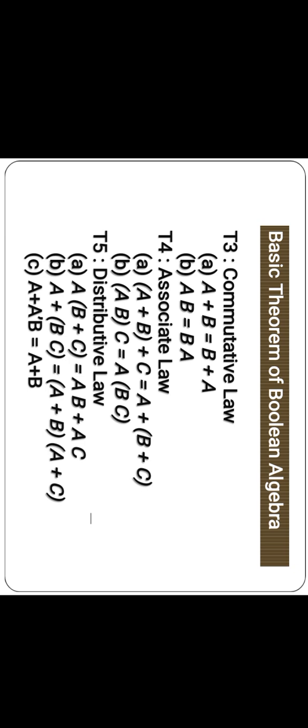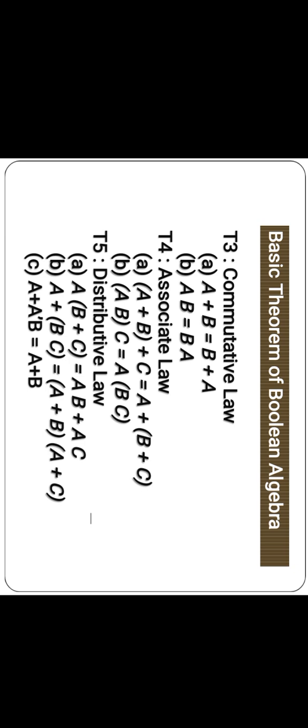A into (B into C) equal to (A into B) into C. This is the second law. It states that it makes no difference in what order the variables are grouped when ANDing several variables.